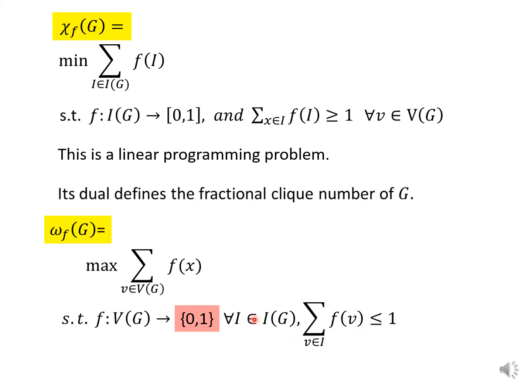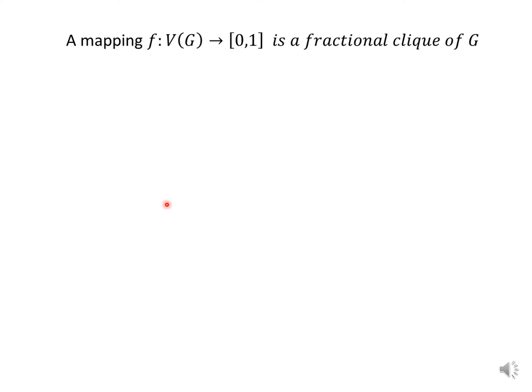That simply says that the selected vertices form a clique. And this is the number of selected vertices. If you maximize the number of selected vertices so that they form a clique, that is the clique number, right? So that is why it is called the fractional clique number, because each vertex need not be selected or non-selected. It could be half selected or quarter selected. Okay, so that's the fractional clique number.